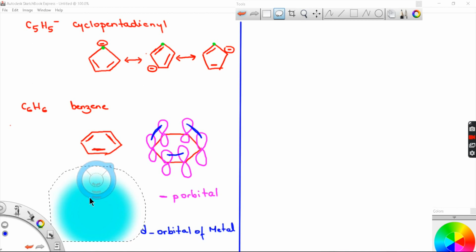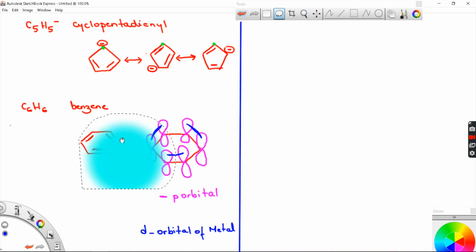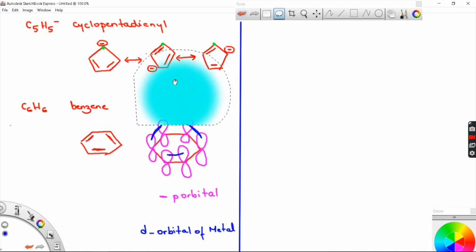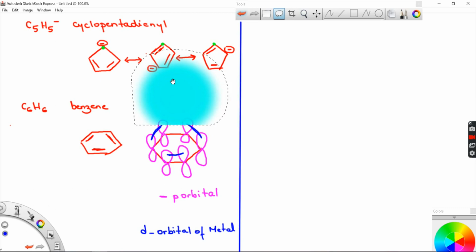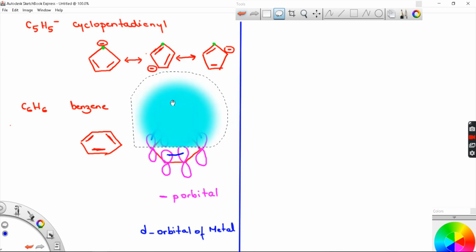So when the metal center is bound to benzene, this is identical to the bonds of M to 3 alkenes. We have 3 alkene ligands: M-alkene, M-alkene, and M-alkene. And we explained that the bond M-alkene is not strong.